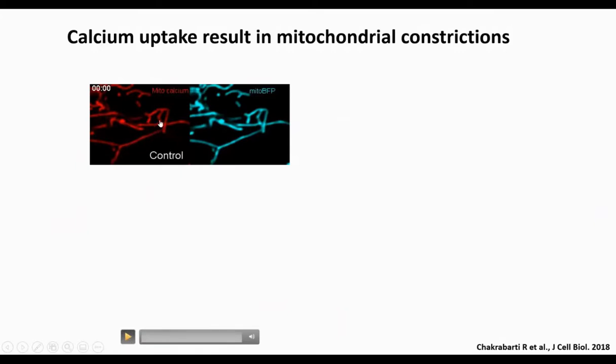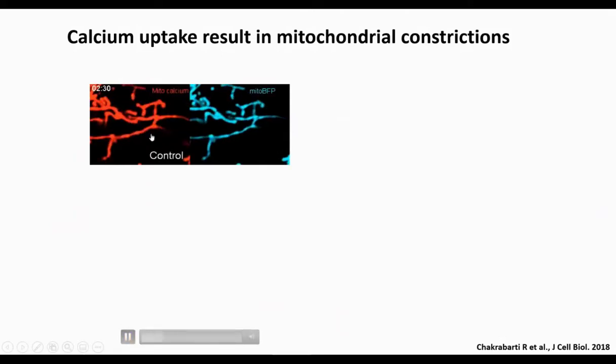So what we noticed is, if you observe mitochondrial calcium and a mito-BFP marker that just labels the mitochondrial matrix, upon calcium influx, you'll see that there are some beads-on-a-string or constrictions that form on mitochondria, some of which relax back and some of which result in division.